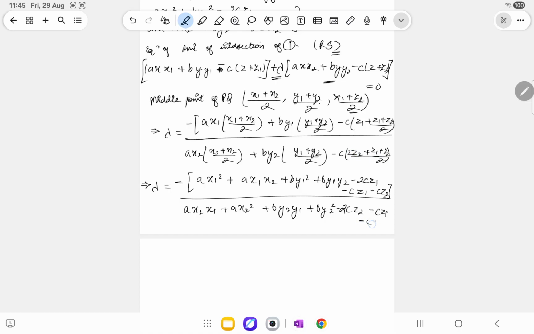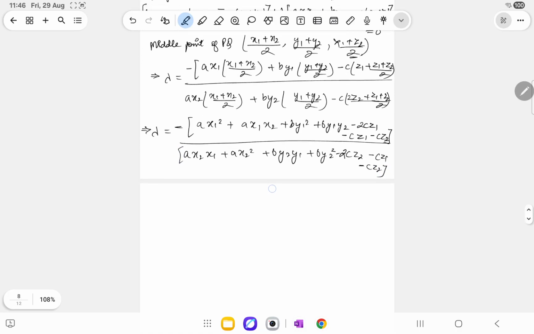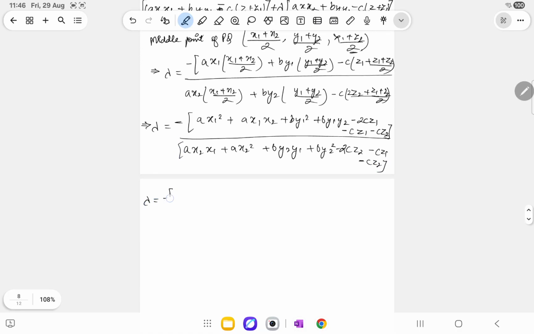and minus cz2. So if I simplify it, lambda will be basically minus of, I can club in these three terms.